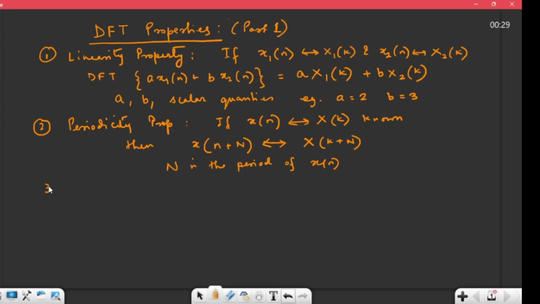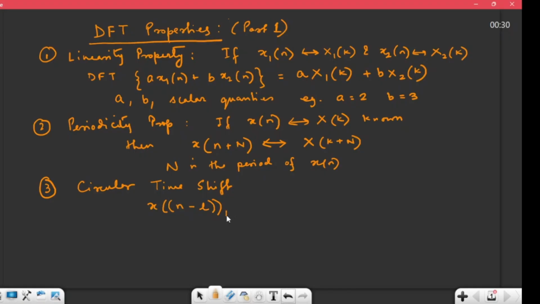Third, we will see the circular time shift. This property tells us that if the DFT of x(n) is X(k), then the DFT of x(n minus L)... what do we mean by that?